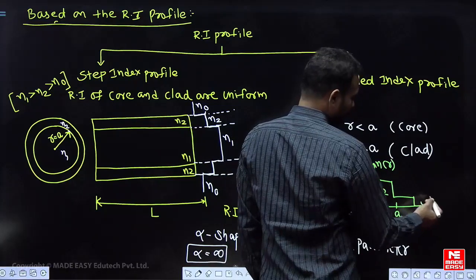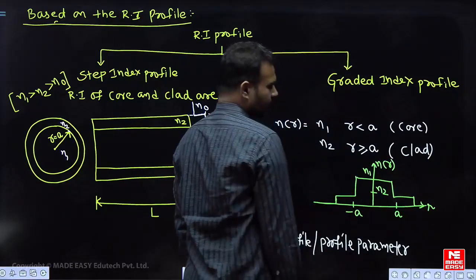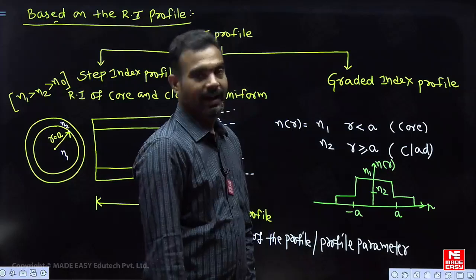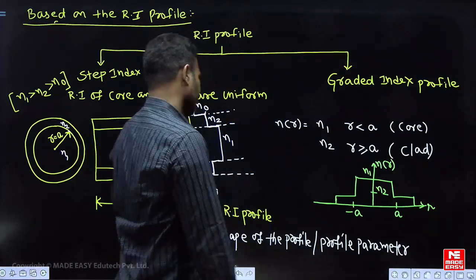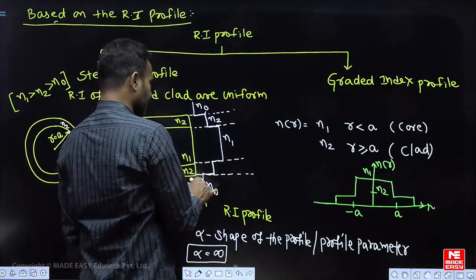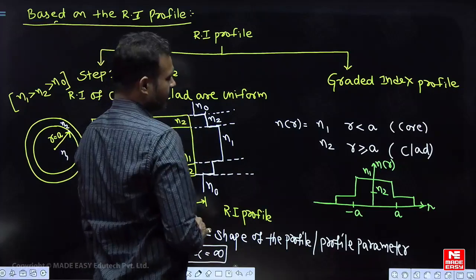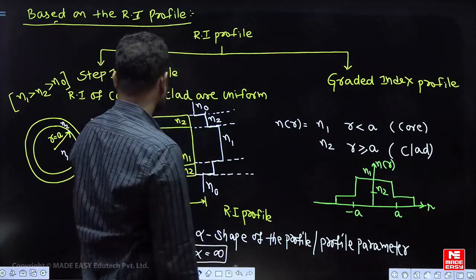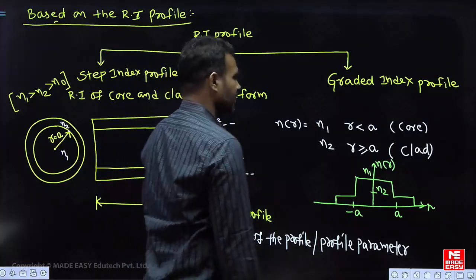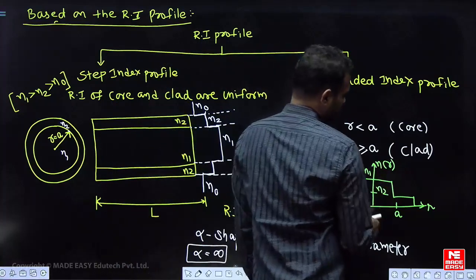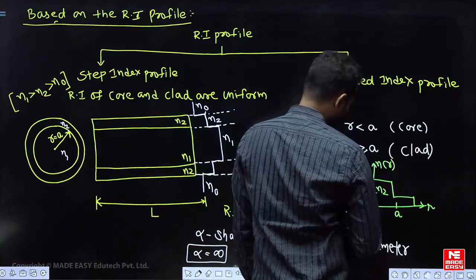So greater than A, we have a profile like this, N of R. If you are confused by the diagram, please cross check the diagram here also, there is no issue regarding that. For R greater than A, that is the complete picture. So N of R is obtained.